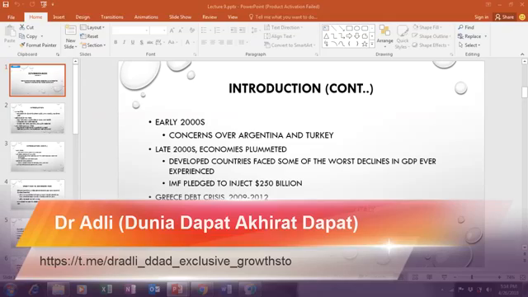But at that particular time, there was a crisis that we call the subprime crisis, which actually occurred in the U.S. The U.S. banks provided loans to anybody who could provide any slips, whatever, but actually could not afford to pay.